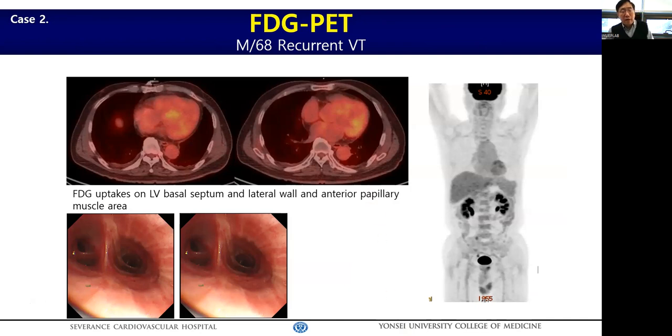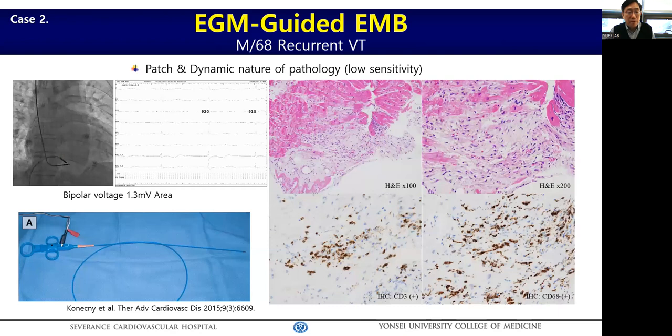So to have tissue diagnosis, we conducted the CT and bronchoscopy, but there was no pulmonary lesion. So we did electrogram-guided endomyocardial biopsy, and although the pathologist mentioned the focal histiocytic and lymphocytic infiltration, there was no granuloma in the tissue.